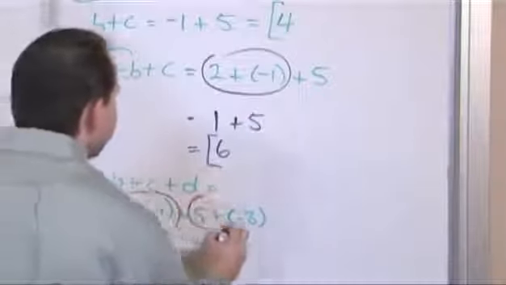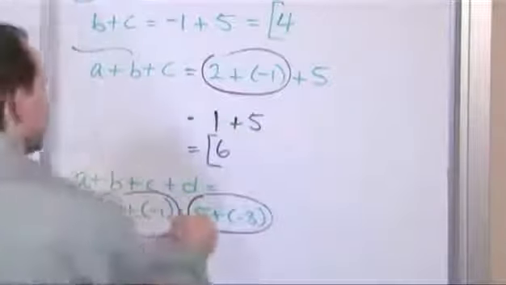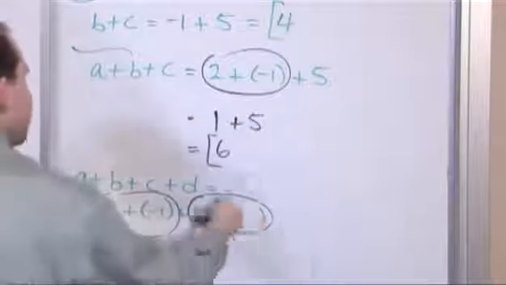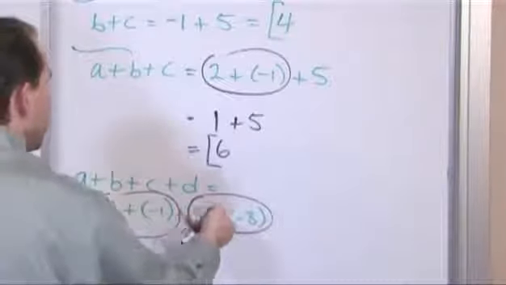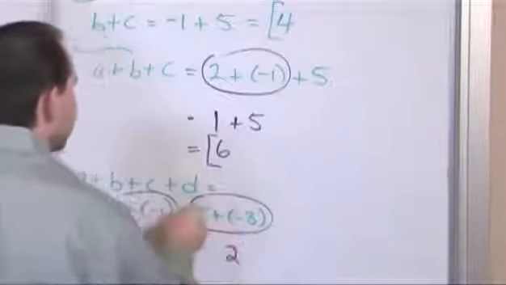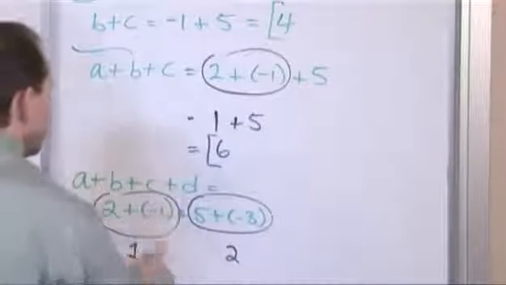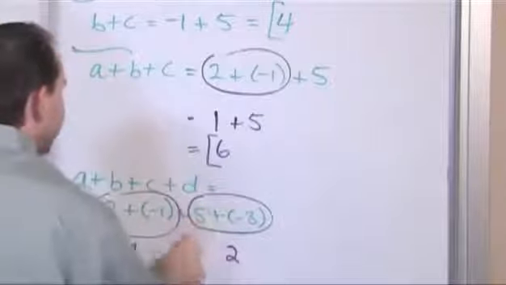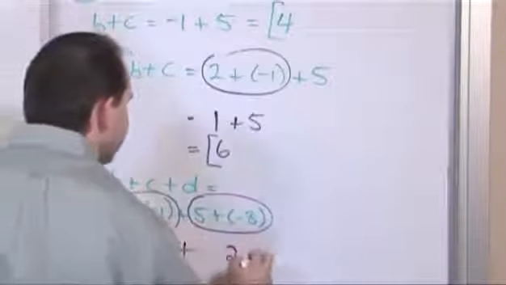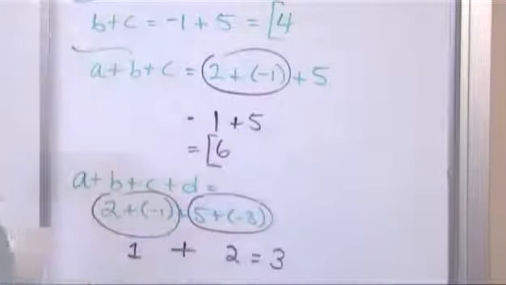You can then add these numbers together if you want. So 5 plus negative 3, they're different signs, so you subtract them. 5 minus 3 gives me 2, and the sign comes from the bigger number, so it stays positive. And these two things are added together, so I just add them together. 1 plus 2 is 3, so the answer is 3.